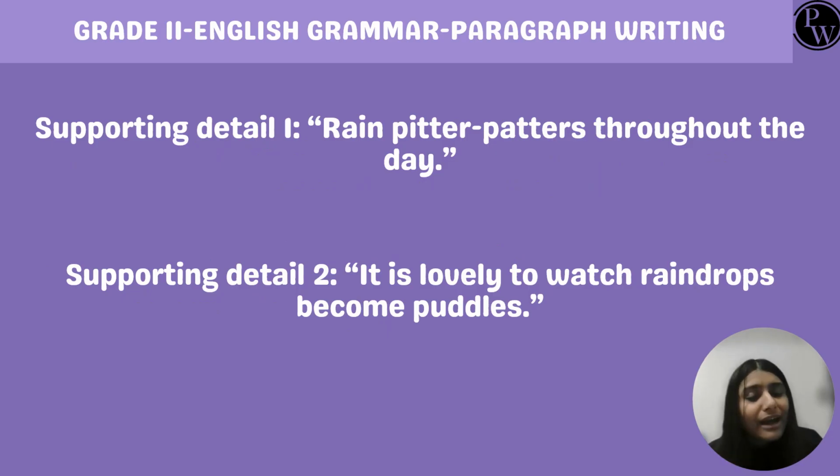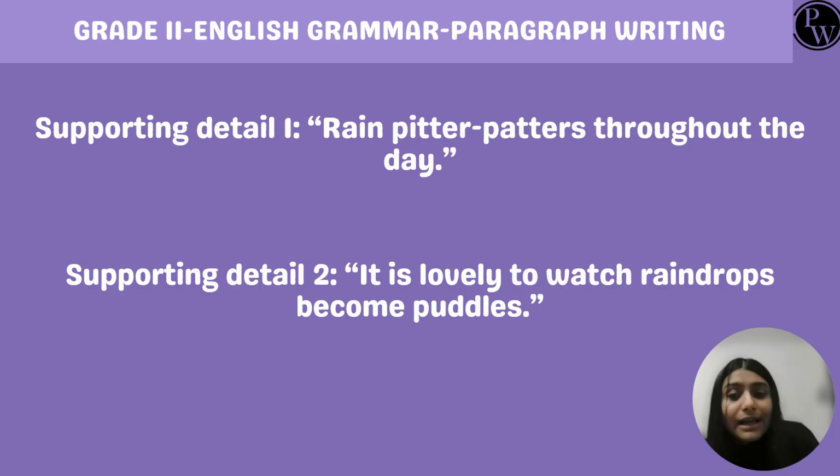Now a paragraph usually contains facts, examples, or descriptions that explain the topic sentence. And then several supporting details confirm the paragraph's description. For example, the topic sentence was the monsoon season is here. Now, several supporting details will confirm the paragraph's description of rain.